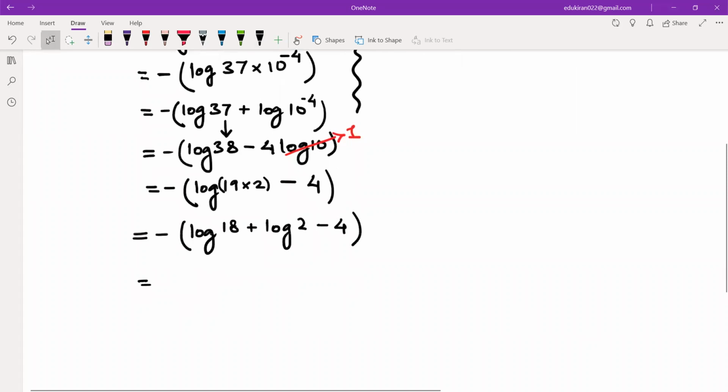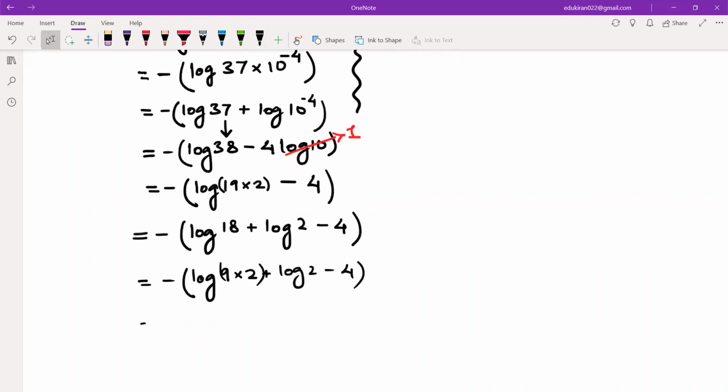And log of 18 will be 9 into 2. This will be equal to minus of log of 9 plus log of 2 plus log of 2 minus 4.